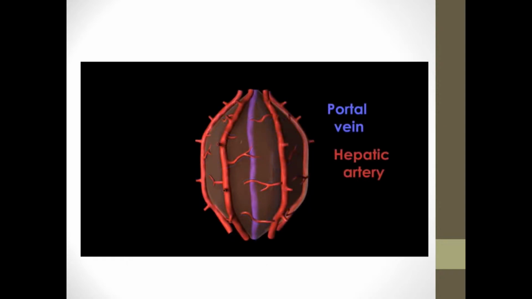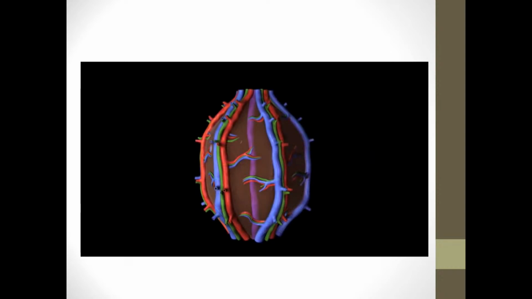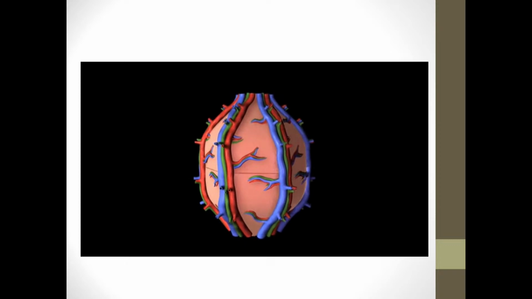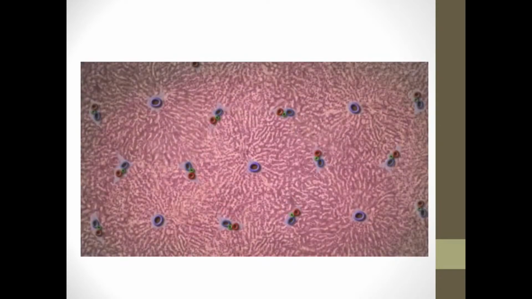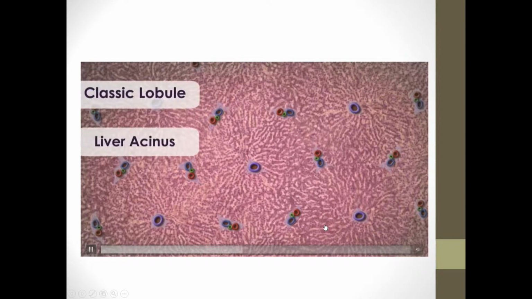In the peripheral zone is the portal triad: the branch of the portal vein, the branch of the hepatic artery, and the bile duct, or sometimes lymph vessels are also here. So 3, 4, 5, 6 such portal triads are located at the periphery of each lobule, around the central vein.